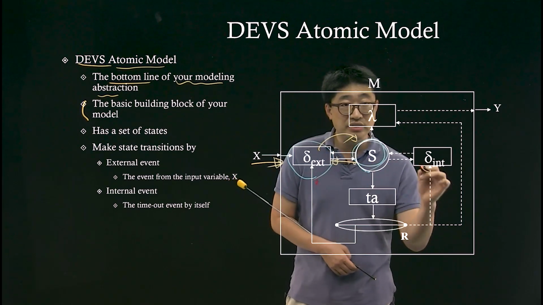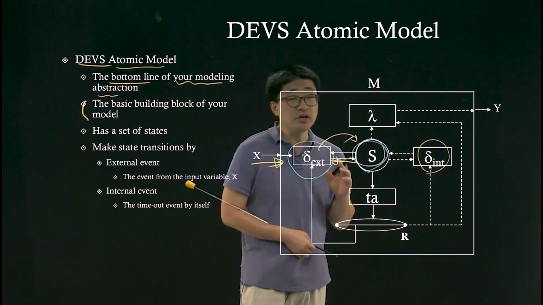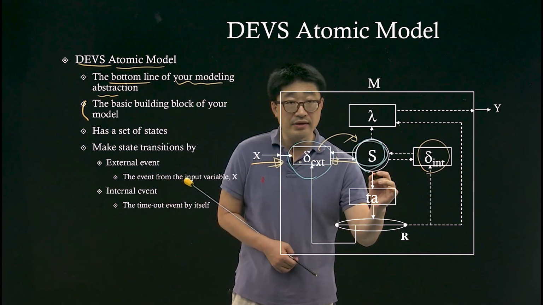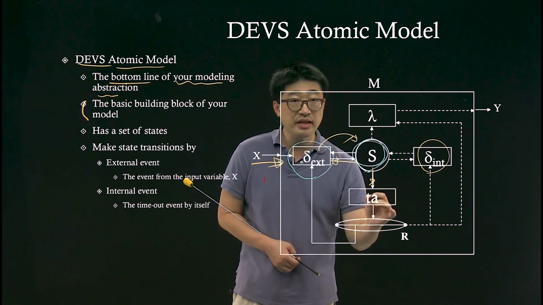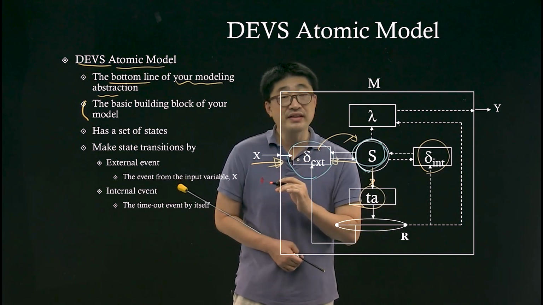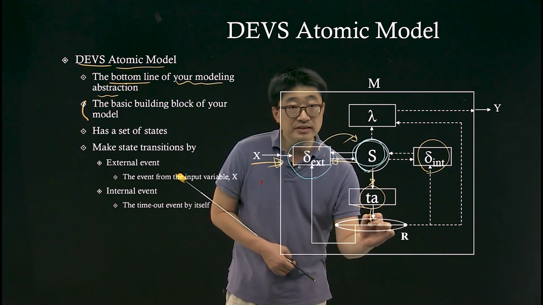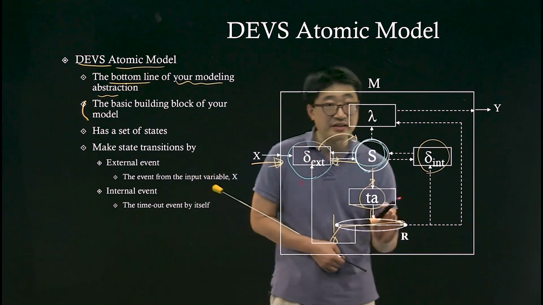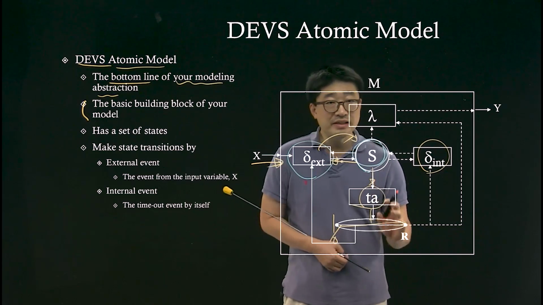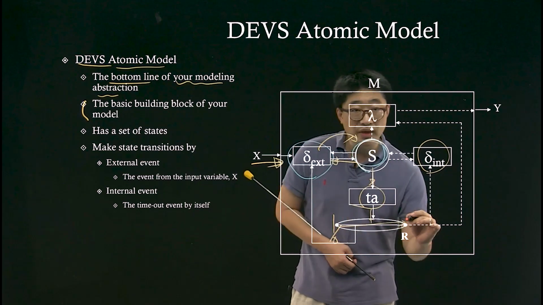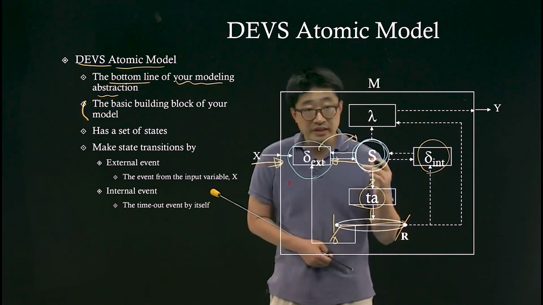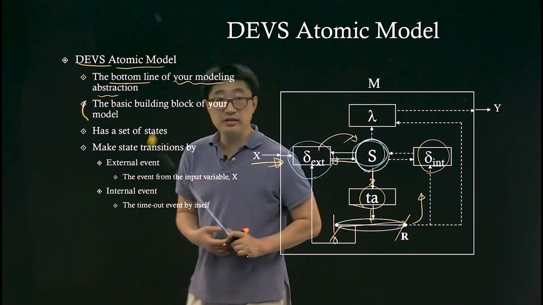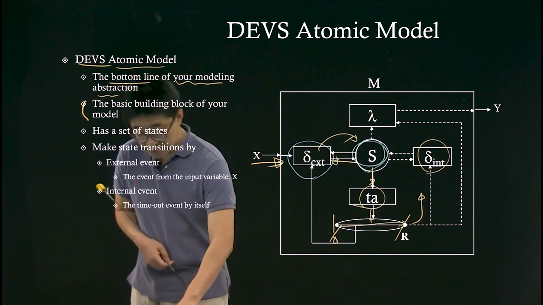Internal is another transition function, and the internal transition function is invoked like this. S comes in and defines the time advance. Once the time advance, from 0 to R, is completed, we invoke the internal transition function, delta internal.